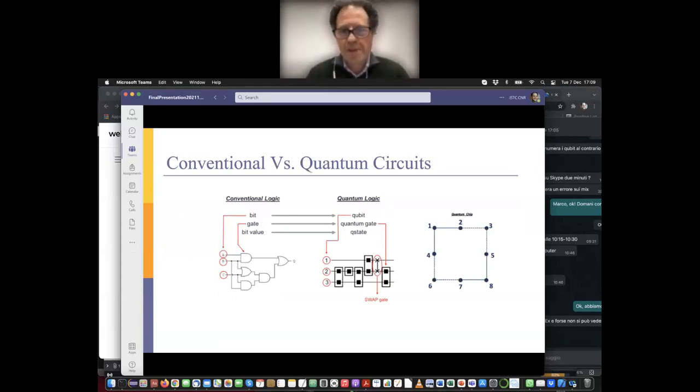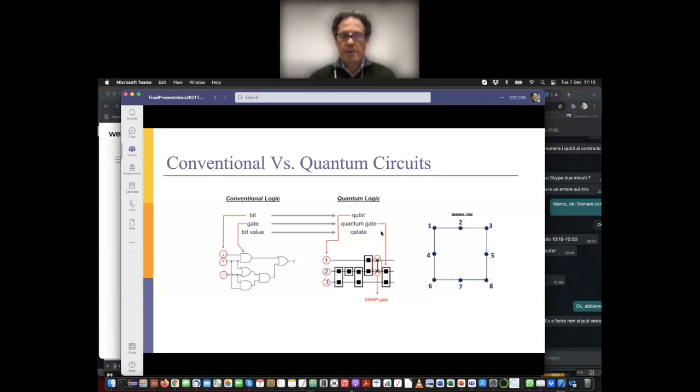Just a few words about conventional versus quantum circuits. A quantum computer is able to execute algorithms, and algorithms are represented with quantum circuits. A quantum circuit is a set of quantum gates which operates on qubits.